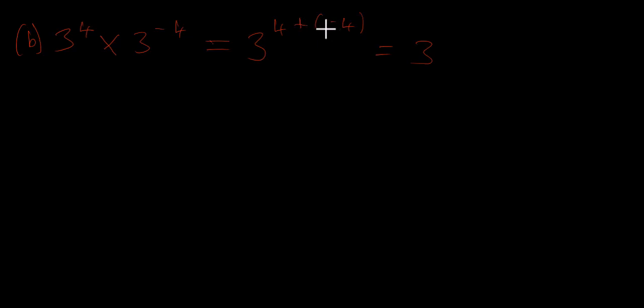Negative times positive is negative. So we're going to have 4 minus 4, which is equal to 3 to the power 0, which is just 1, since any number to the power 0 is 1. So this is all on the zero index.